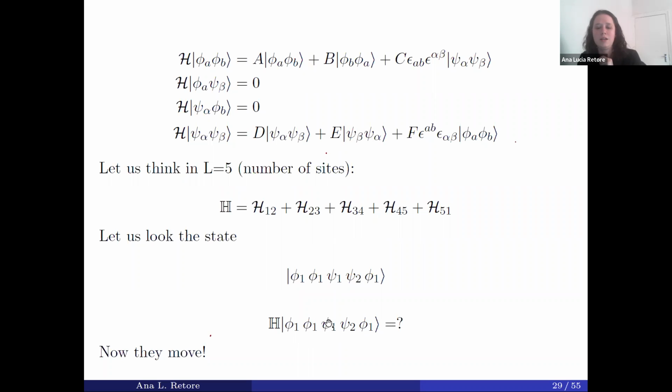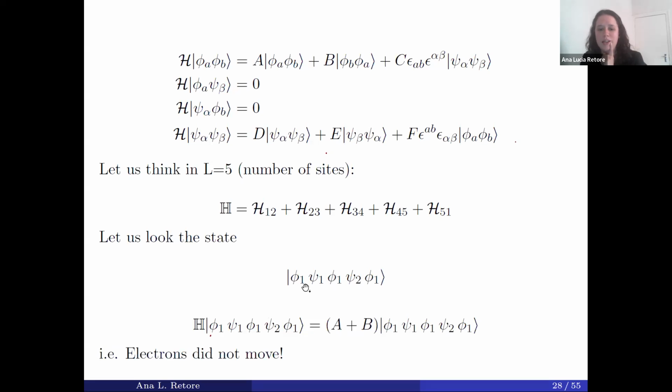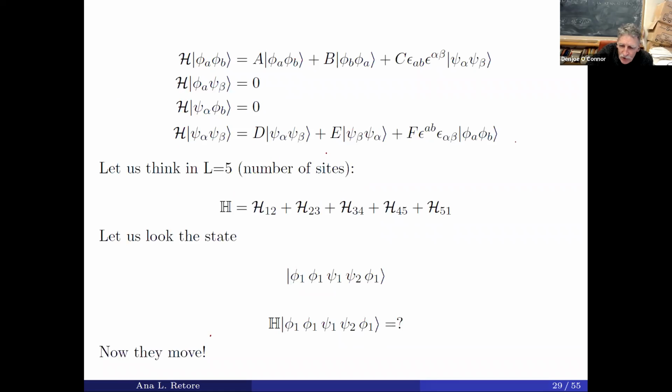And if you had phi1, phi2, two particles on one site, they also move, because then it satisfies this one. The problem is that every time you have something like this, it's just an eigenstate of your Hamiltonian. It just doesn't move at all. I think this is responsible for the huge degeneracies that are there. I think this answers your question, Val, about what is moving. You can take e to the i times a, the Hamiltonian, and it will evolve some of those states. They'll just move around the lattice.